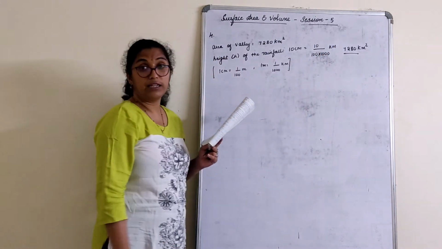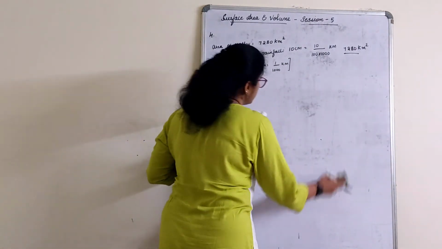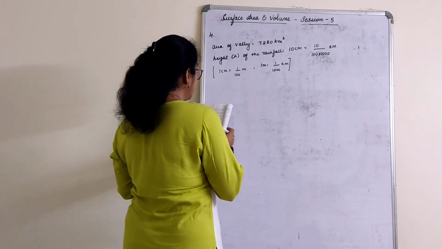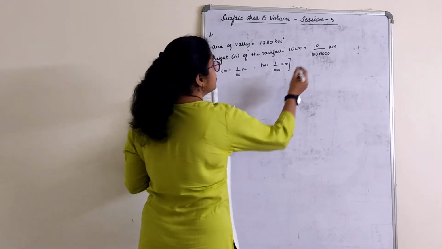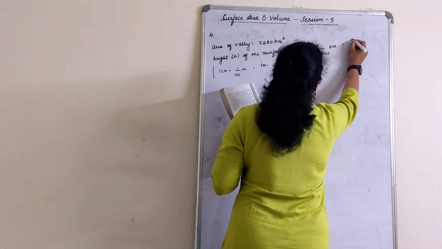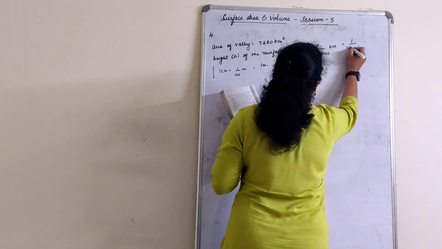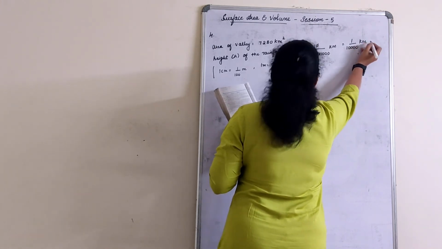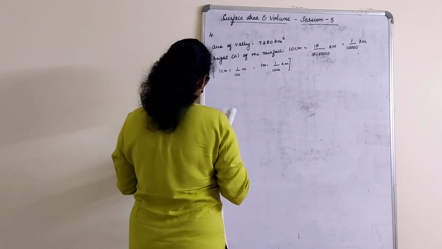Is the conversion very clear what I have done? Just erase this part. You can cancel that as well later. Okay? So 1 0 and 1 0 will get cancelled. So 1 upon kilometer. Keep that as it is.